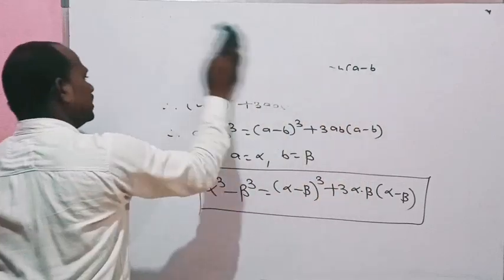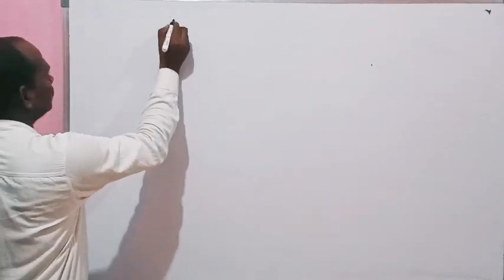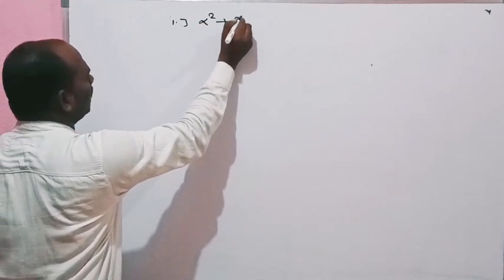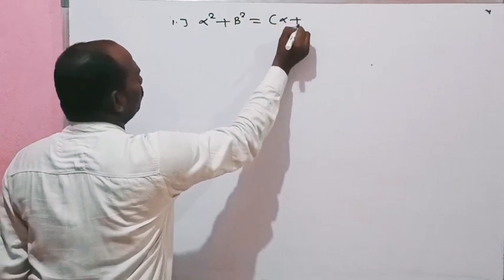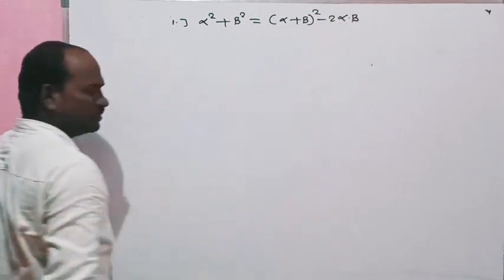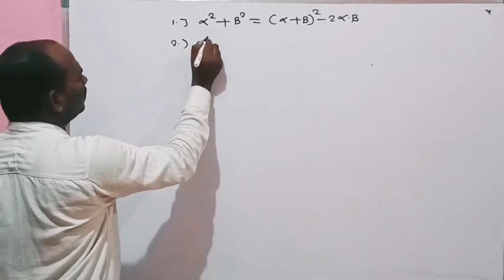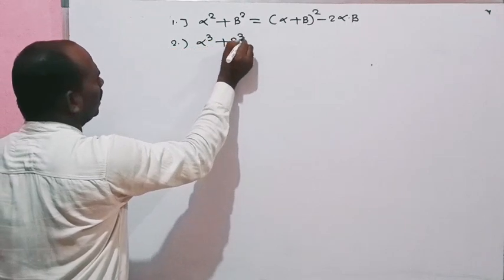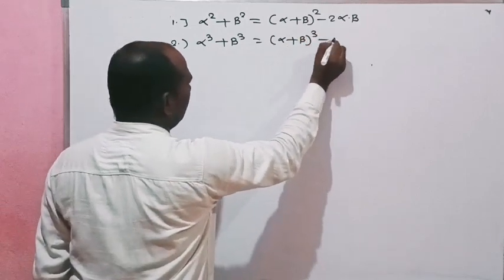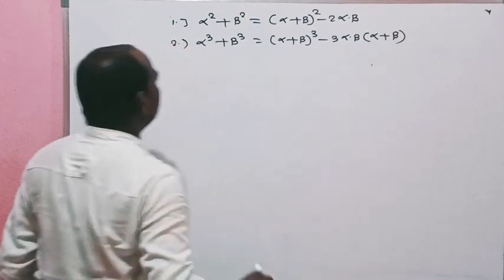Then the formulae, first: alpha square plus beta square is equal to alpha plus beta its square minus 2 alpha beta. Second: alpha cube plus beta cube is equal to alpha plus beta its cube minus 3 alpha beta bracket alpha plus beta.